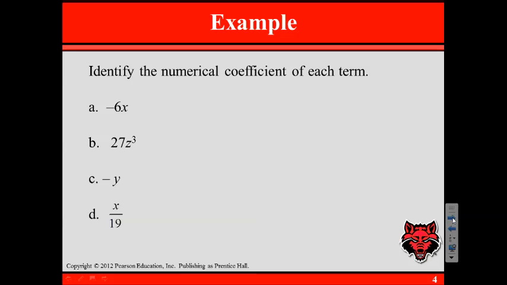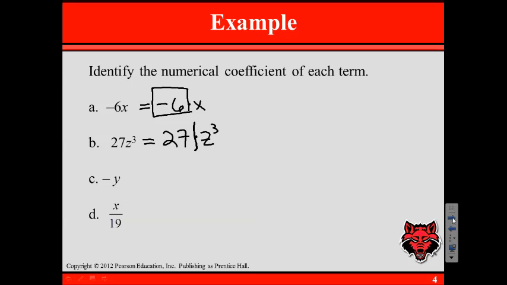So let's go through the next four examples and identify the numerical coefficient of each term. Starting with example A, we have negative 6x, which is negative 6 times x. So the constant multiplier is negative 6. That is our coefficient. For example B, 27z cubed is 27 times z cubed.